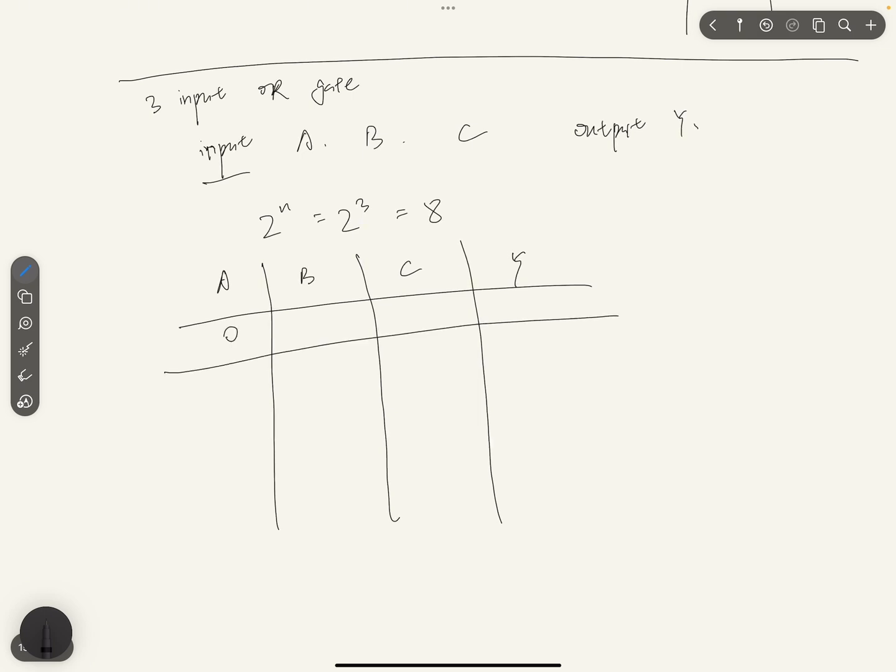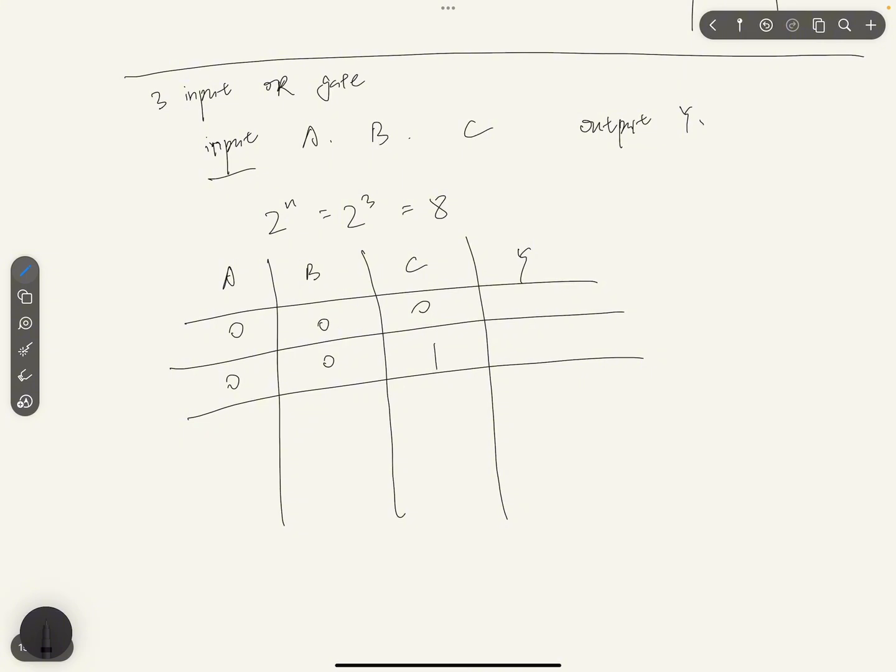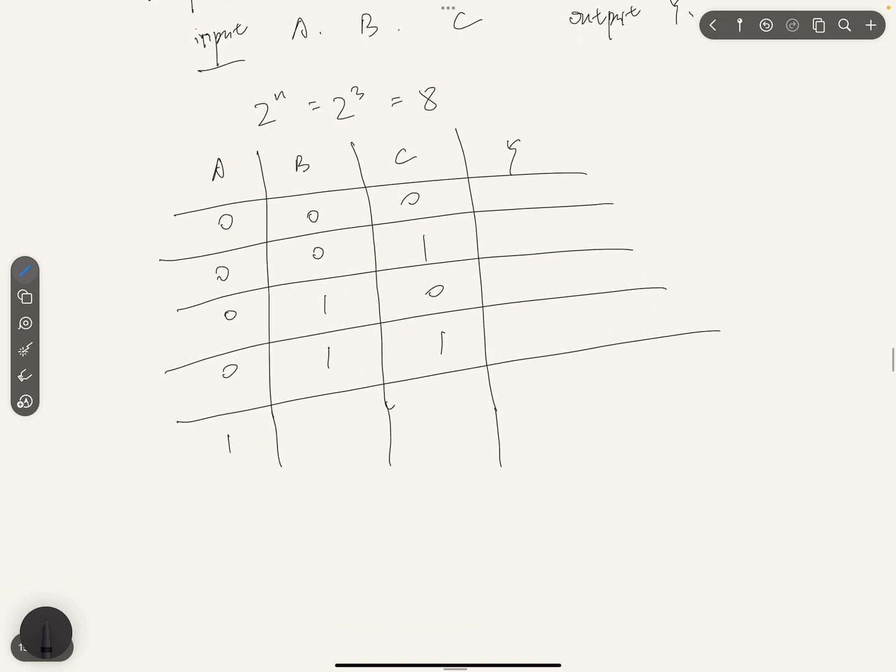So let's start from 0, 0, 0, 0, 0, 1, 0, 1, 0, 0, 1, 1, and also 1, 0, 0 will be next. So basically we keep adding 1 to the last digit or last bit. So 1, 0, 1.